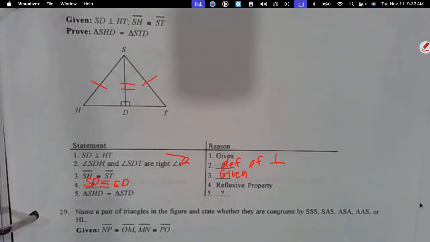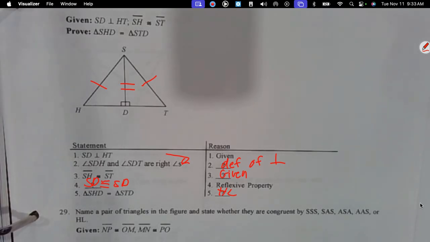So why are these 2 triangles congruent? It is not angle side side. That's not one of our rules. We have 5 things. The 4 on the board, and what was the last one we learned? Since we're getting close to the end of the test, it's probably one of the last ones we learned. Hypotenuse leg, HL. We have a hypotenuse and a leg.